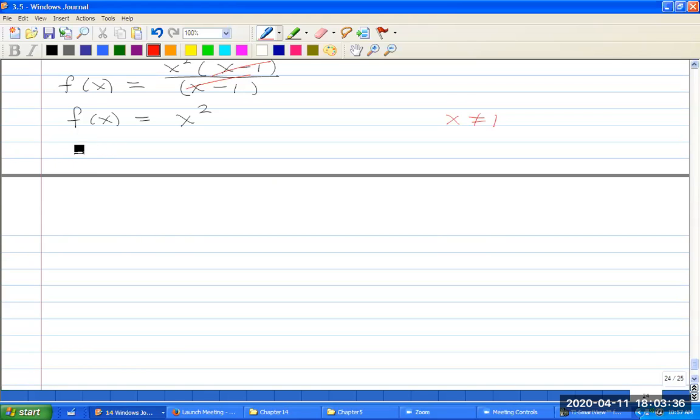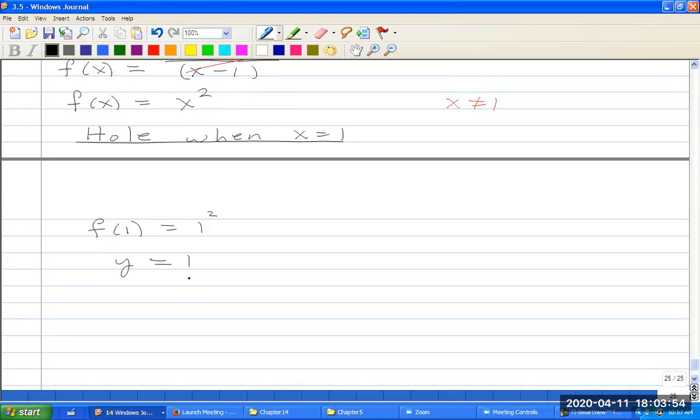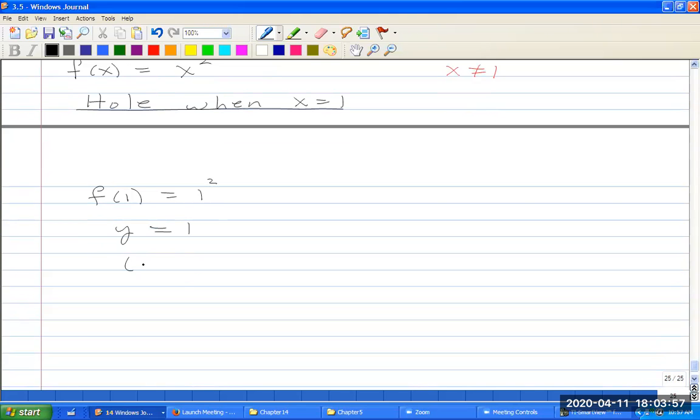So let's try to determine the location of the hole in my graph. f at 1 is 1 squared, and so the hole is just at 1, 1.